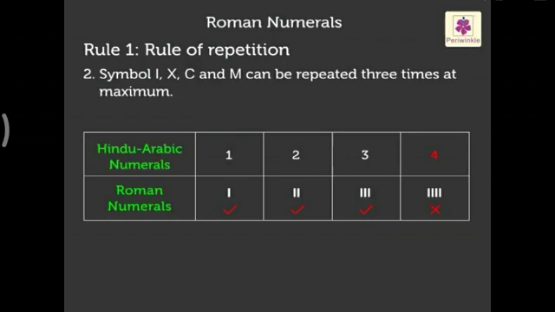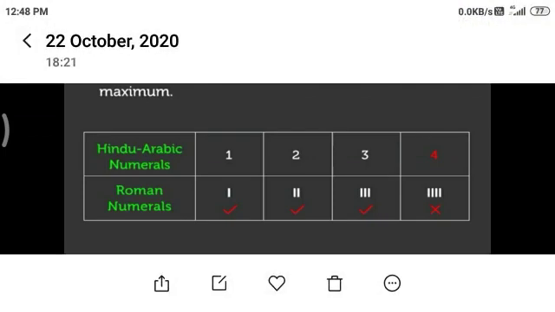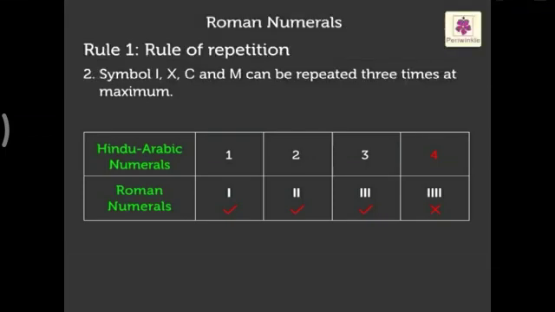More than 3 times we can't repeat them. For the number 1, we write I. For the number 2, II. For the number 3, III. For the number 4, we cannot write IIII. This is step 2.